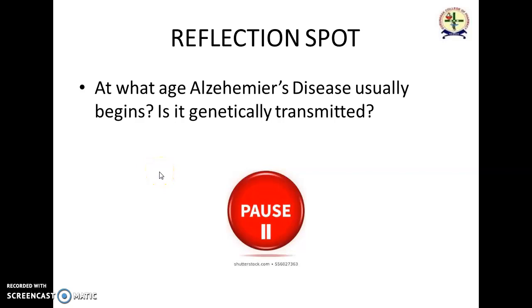Now, before moving further, let's reflect about what we have learned so far. This is the question for you all. The question is, at what age does Alzheimer's disease usually begin and is it genetically transmitted?